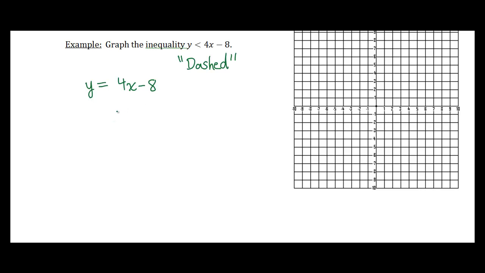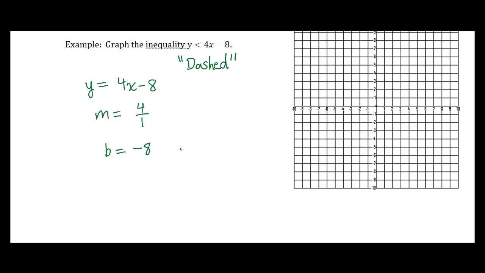Of course, you know how to graph this line. It's a linear equation. You can use any method you want, but for our purposes now, I'm going to use the slope and the y-intercept since it's in y equals mx plus b form. The slope is 4, or we can write it as 4 over 1, and our y-intercept is negative 8.